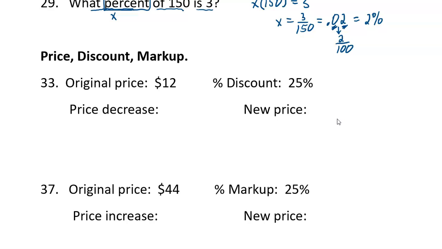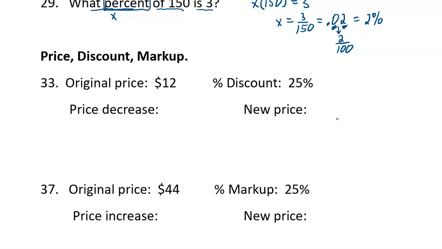Now, the next set of problems involve prices, and then either discounts or markups. A discount is a decrease in price because it's on sale. A markup is an increase in price. So number 33, there is some item, it's originally priced $12, but it's on sale for 25% off.